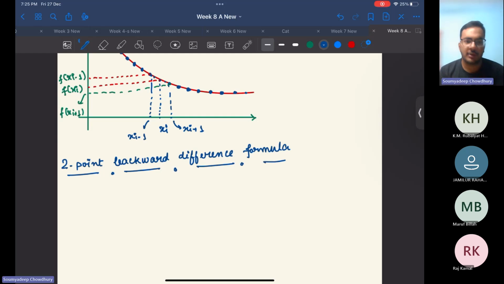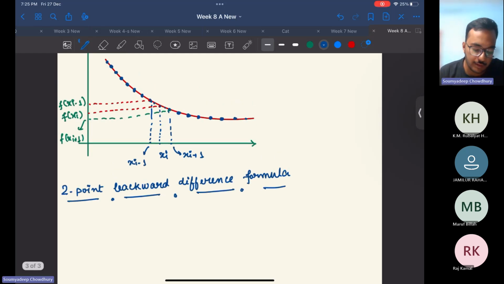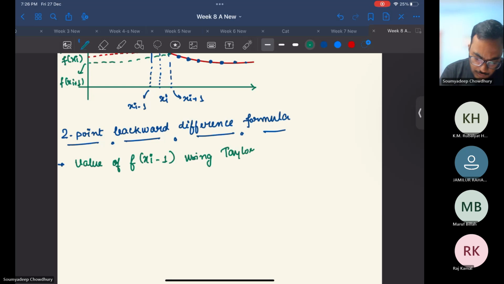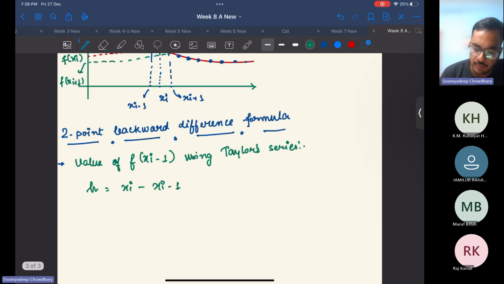So if we want backward difference, suppose at xi I want my derivative, we go one step backward, that is, we go to xi minus 1. So we have to find the value of f of xi minus 1 using the Taylor series. Here your h is the step size.